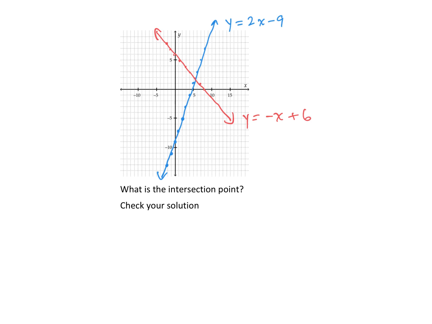So it looks like the points line up at, let's see, it's hard to read on the graph. And that's one thing with graphs. Sometimes it's hard to read. We'll write it down here at the intersection point.